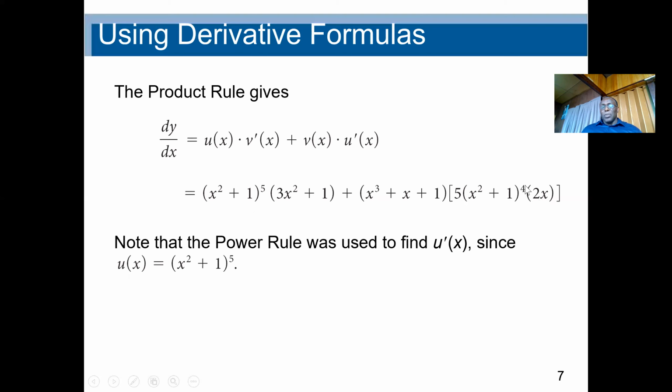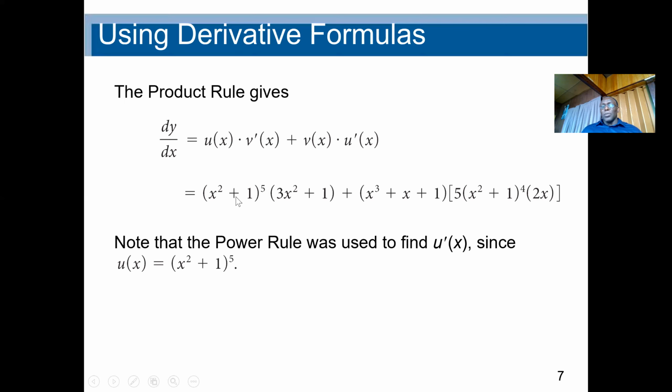So we should pay very close attention here. See, if I have s cubed plus s plus 1, the derivative of it will be 3s squared plus 1, which we have here. But when I have (s squared plus 1) to the power 5, I'll use the power rule first, which is 5(s squared plus 1) raised to the power 4. But we can find the chain rule.